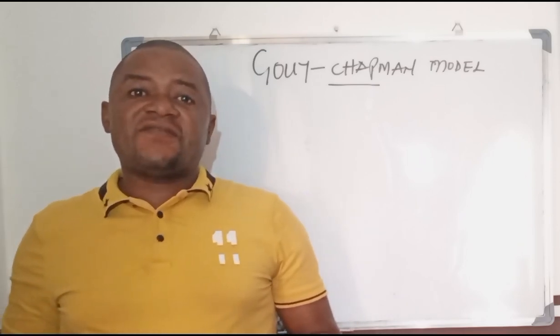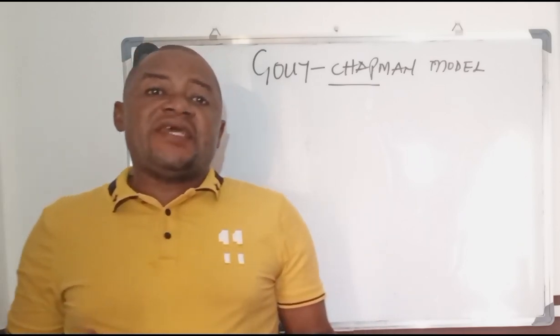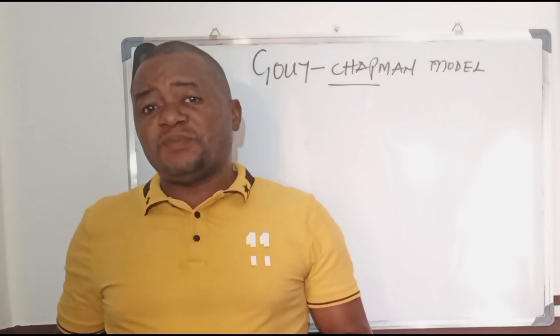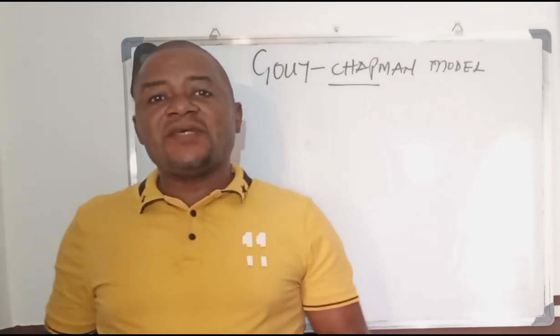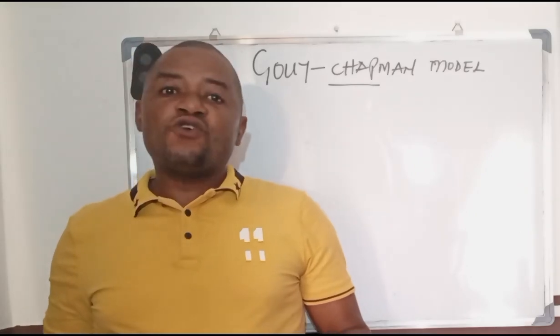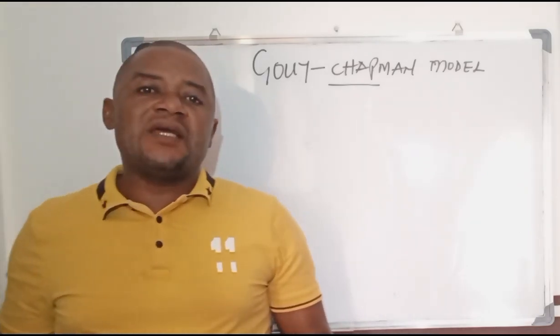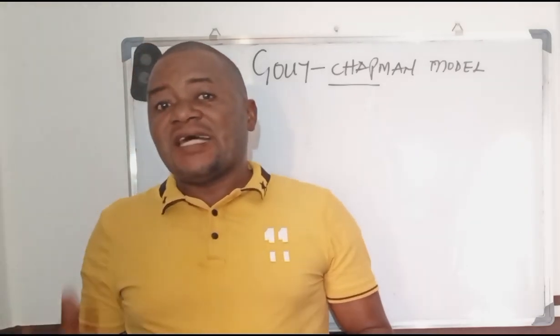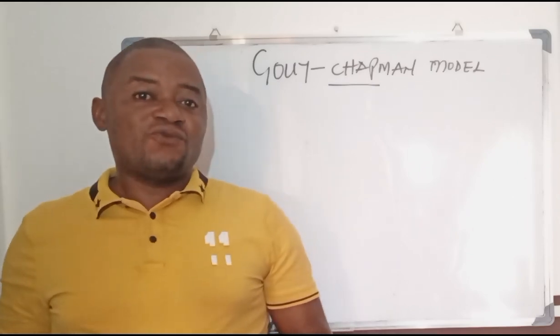That balancing of charges allows for two layers. One is the outer Helmholtz plane, and the other is the surface charges plane of the metal, and those two give rise to what we call a parallel plate. And that, of course, is what we call the electrical double layer.